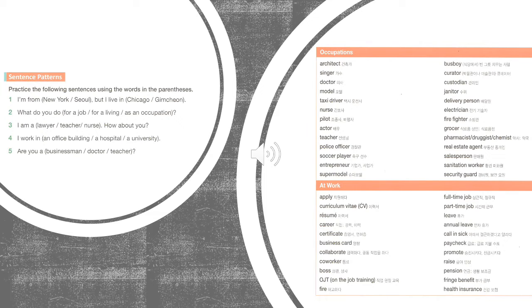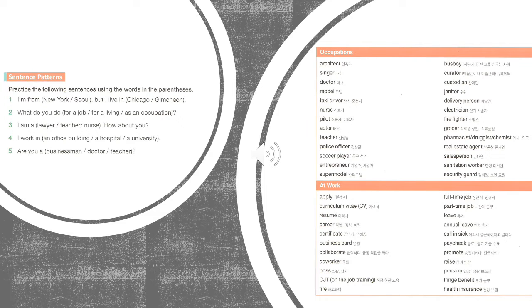Let's see what else we have here. We have business card. This is a good one. In Korean, you call it a name card. That is Konglish. So please remember that is called a business card in English. Another verb here, collaborate, which just means to work together. If you work in a team, you collaborate with your co-workers, which is the next word, co-worker, the people you work with.